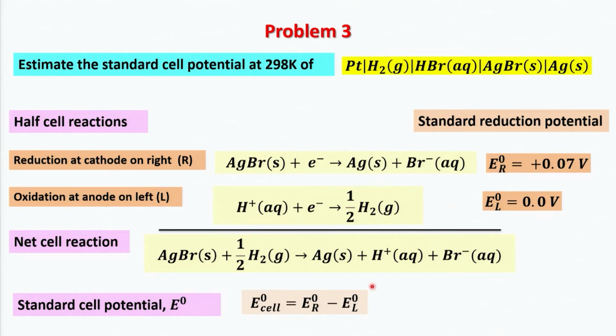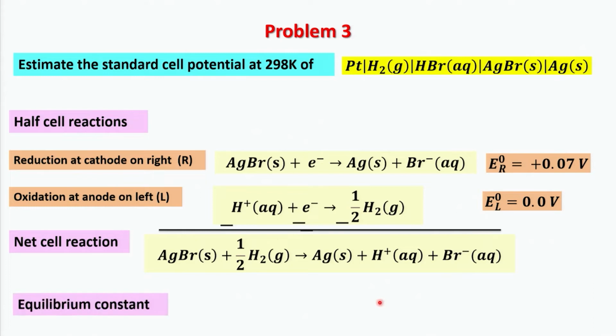The standard cell potential will obviously turn out to be 0.07 volt.